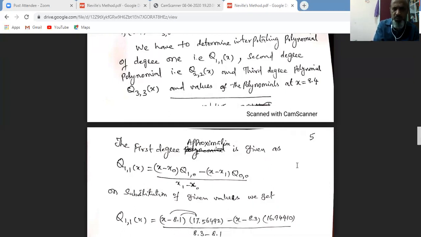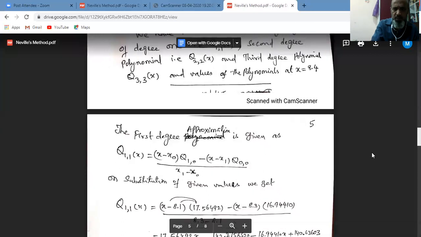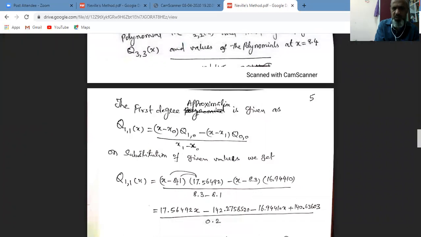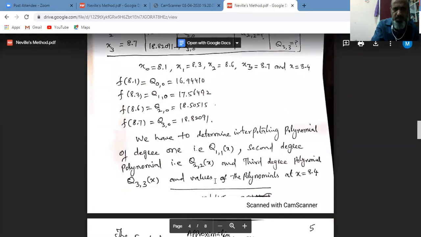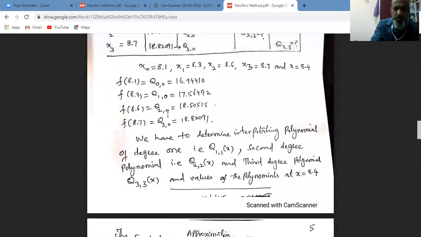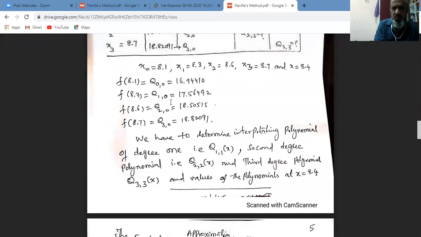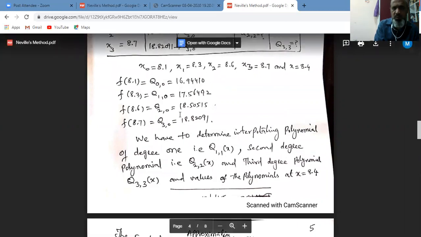So what is q11x? q11x is equal to x minus x naught. What is x naught? X naught is 8.1. So in the table we have seen x naught is 8.1, and this is q of 1 comma 0. So let us see what is q00. X naught is 8.1, x1 is 8.3, x2 is 8.6, x3 is 8.7, and these are the values of q00, q10, q20, q30.